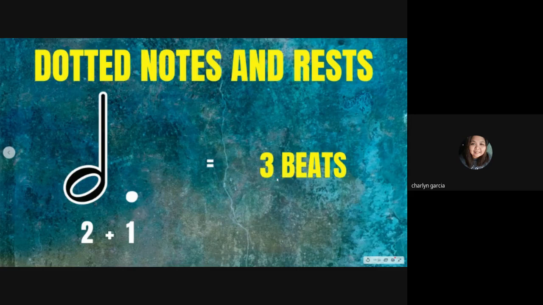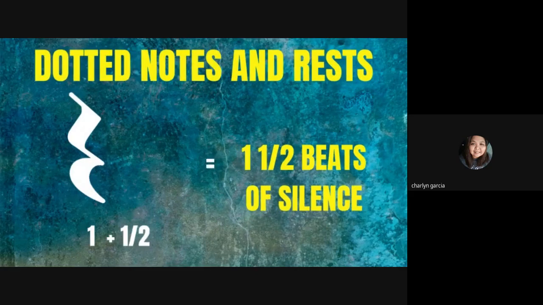How about rests? This is a quarter rest, and a quarter rest receives 1 beat of silence. Ang kalahati ng 1 ay 1/2. So 1 plus 1/2 equals 1 and 1/2 beats of silence.